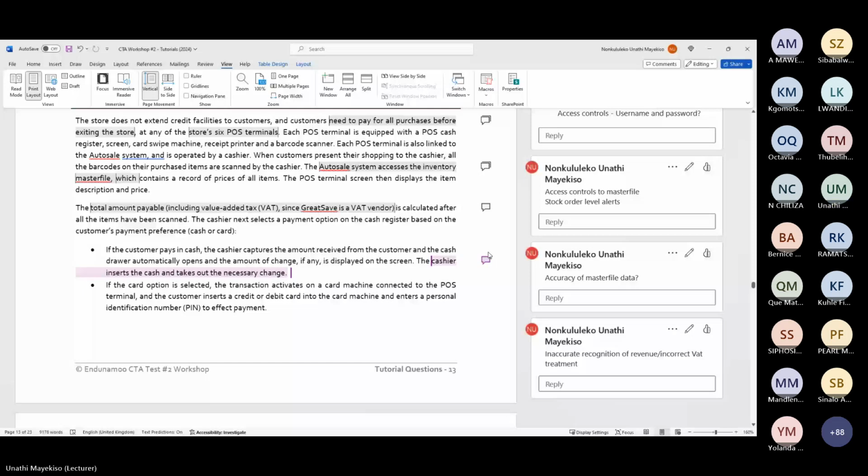Anything else? Fake banknotes. Okay. Yeah, I suppose you could put it with theft. I think I would keep it as theft.